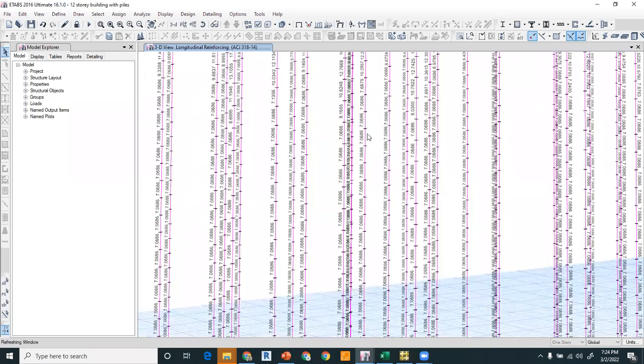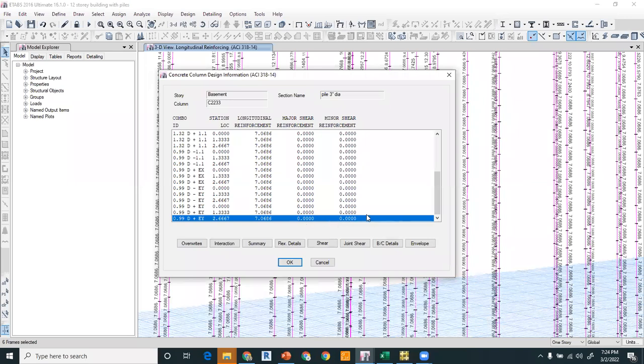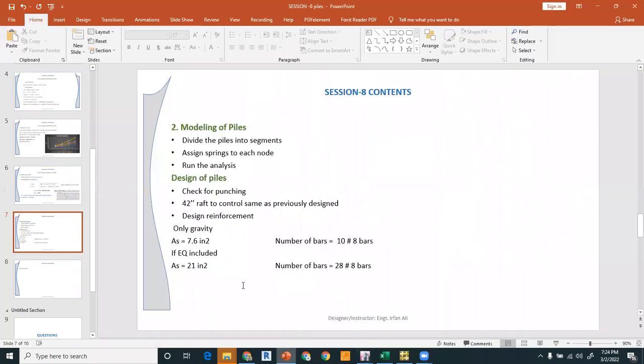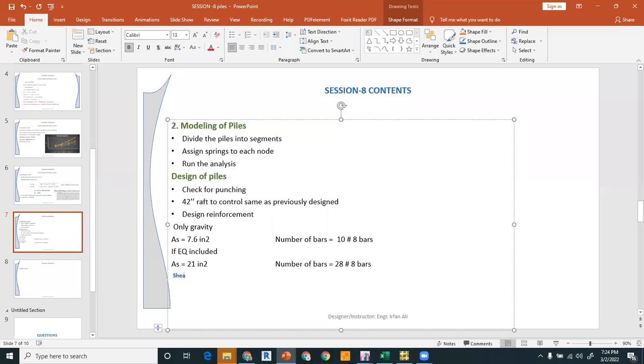But if I go down beyond the 1/3 length, it is 0. It is asking 0 shear reinforcement, right? So the shear reinforcement is 0.3 inch square per foot.